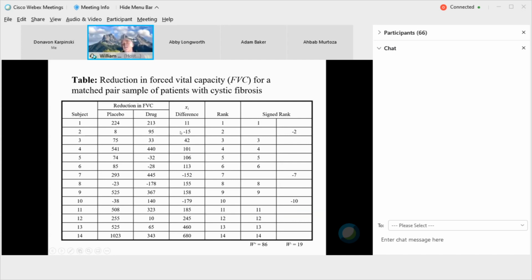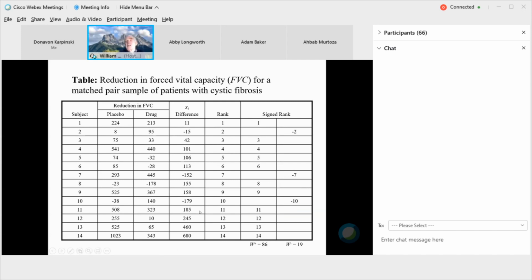So we'll compute the difference. I've arranged them in order so that the differences are in order of absolute magnitude. If I rank these according to the size of the difference, this is the smallest difference, and this is the largest difference in the two scores.